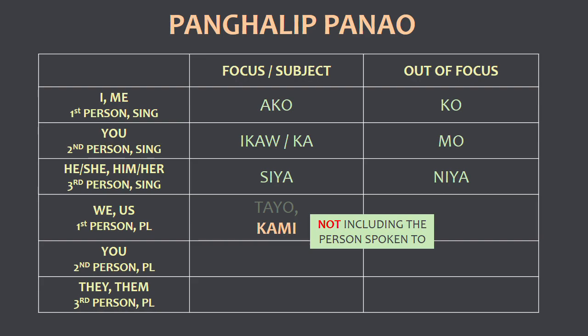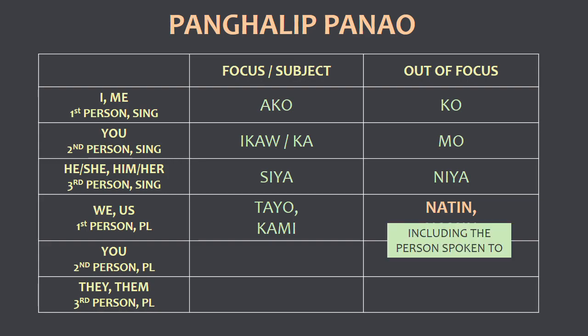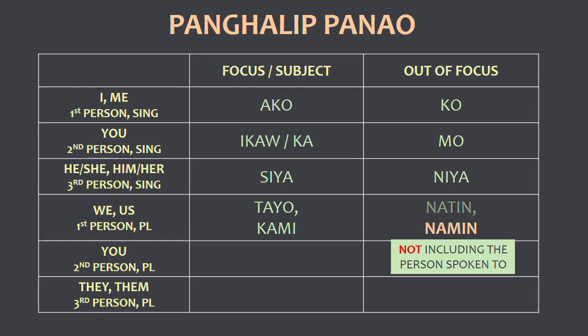If it's not the subject, we have natin or namin. For first person plural, again, natin is used when you mean including the person that you're talking to, and then namin if it does not include the person that you're talking to.